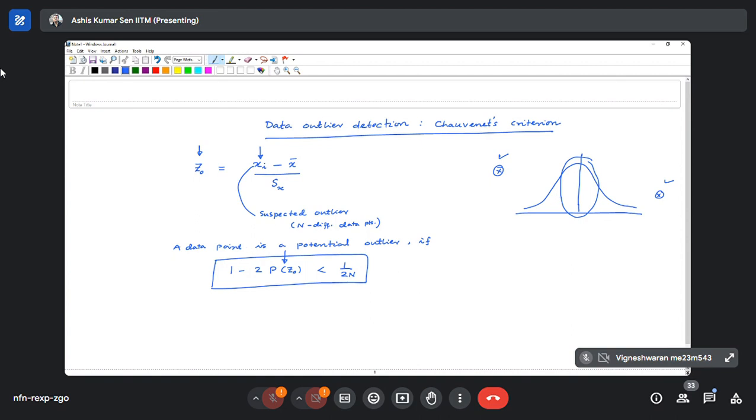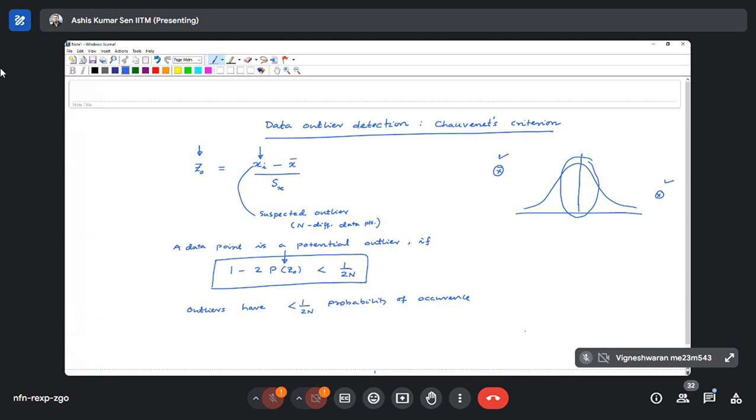Okay, so this is mathematical, but what does it mean? It means that outliers have less than 1 over 2n probability of occurrence.